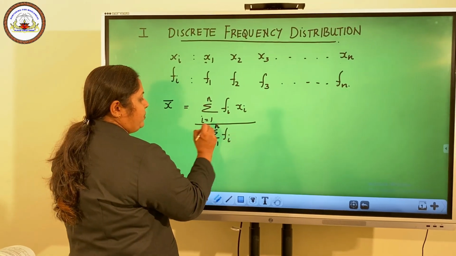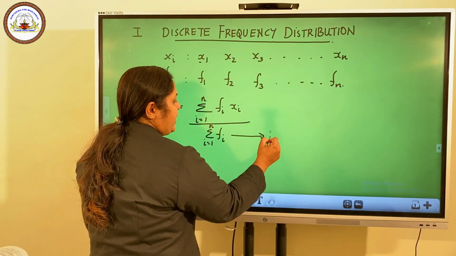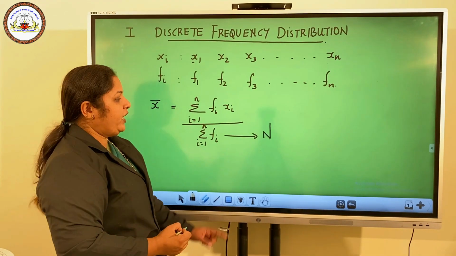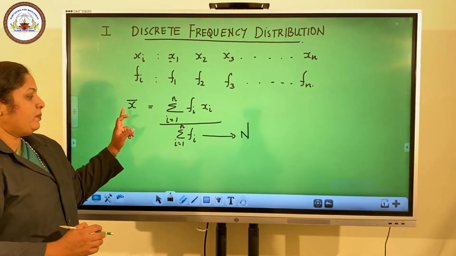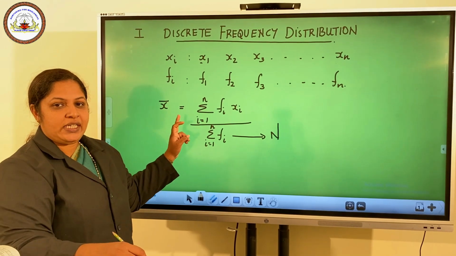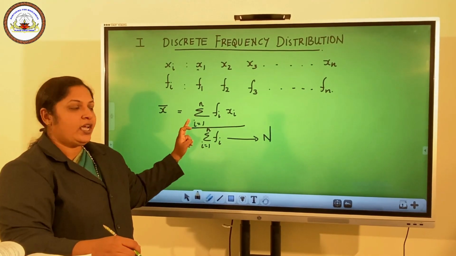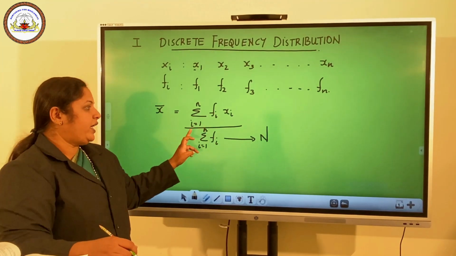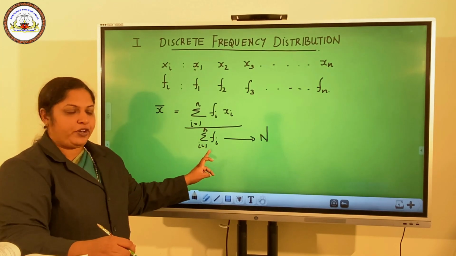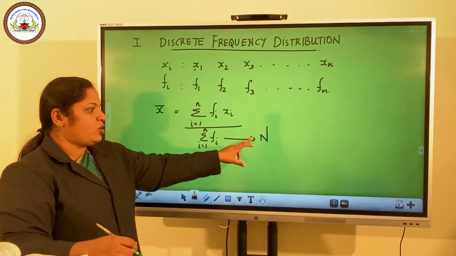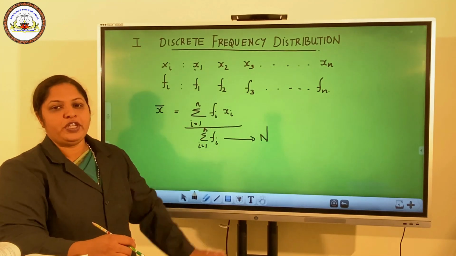Again it is i from 1 to n, or this sum of fi is denoted as capital N, where capital N is the sum of frequencies. Therefore the mean for discrete data is found using the formula sum of i from 1 to n of fi into xi divided by the sum of the frequencies, that is capital N.